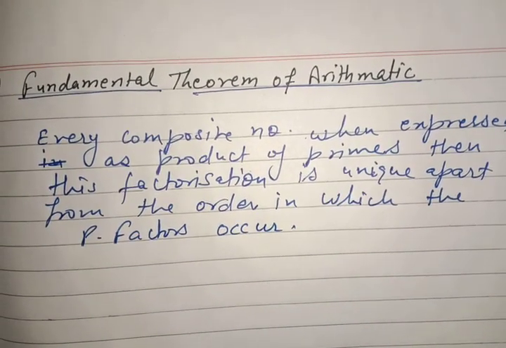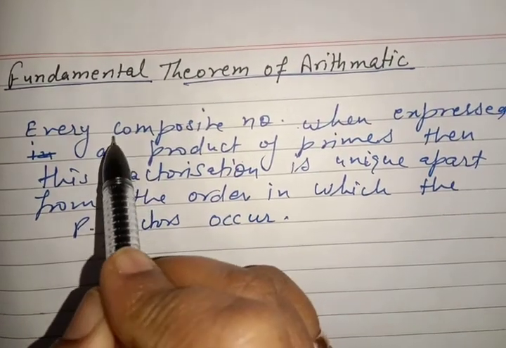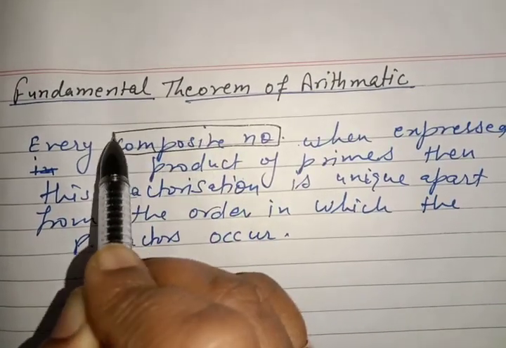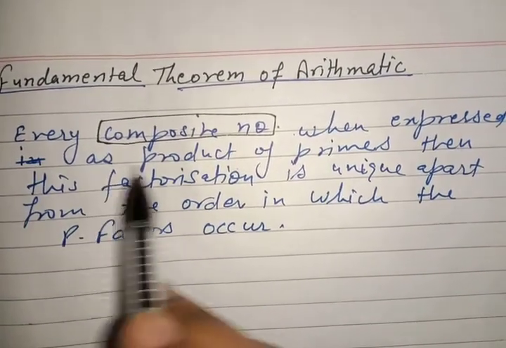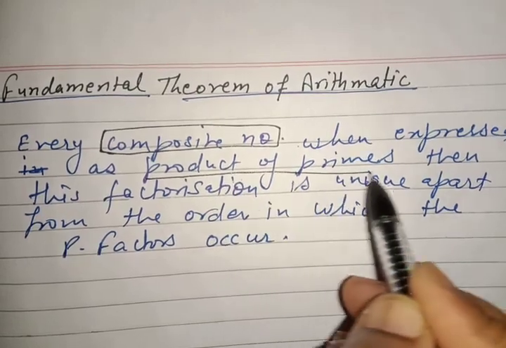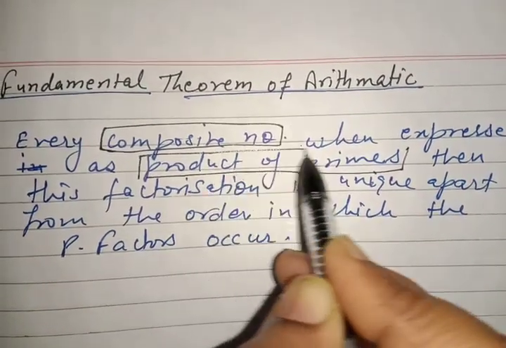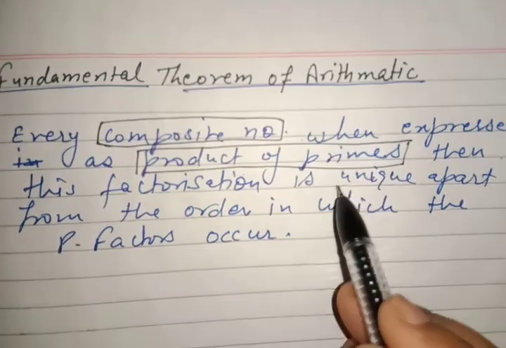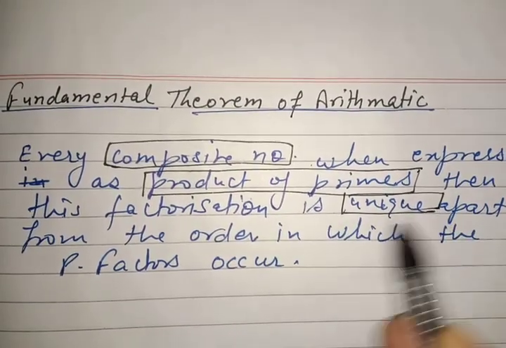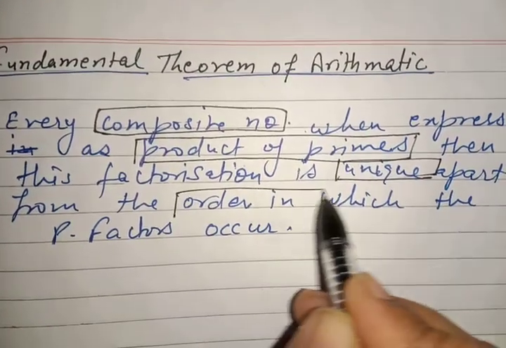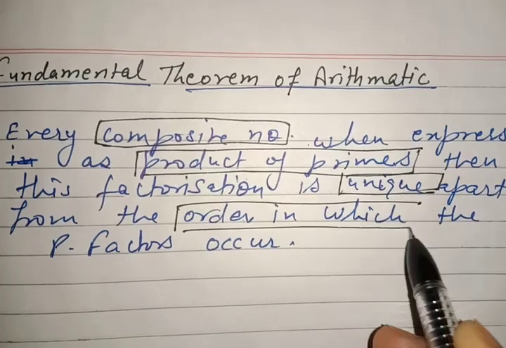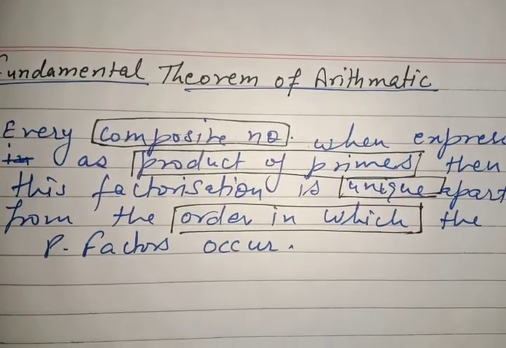So every composite number, first of all I will tell you the meaning of this. When expressed as product of primes, this you know, we have done first question, product of primes. Then this factorization is unique, this also I will tell you, apart from the order in which prime factors occur. So there are so many words to explain.